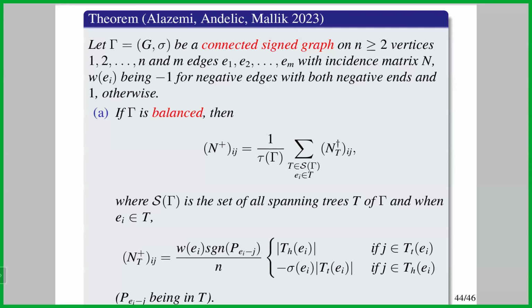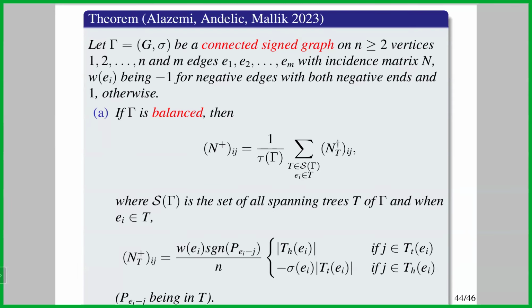Now look at the part of the incidence matrix that corresponds to that spanning tree T. We already know how to find the ijth entry from a signed tree, so we use this formula. You have already seen this formula before. So we find the ijth entry of N plus corresponding to each spanning tree containing Ei, and we can do this for all spanning trees of this balanced signed graph.